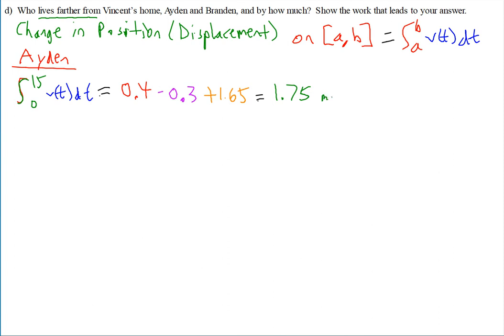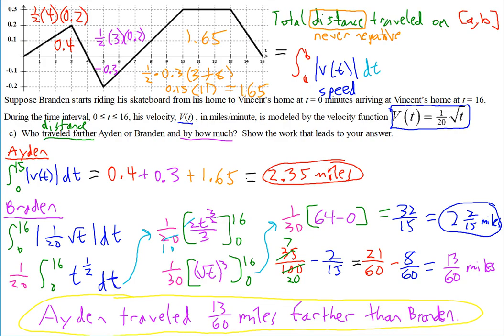He just had to travel farther than that because he backtracked 0.3 miles. So that actually added an extra 0.6. You can see this is 0.6 less than the 2.35.